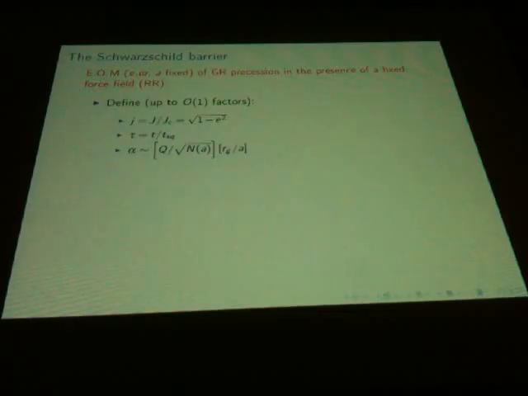So, since the semi-major axis is not changing, neither the GR precession nor the resonant relaxation torques affect the energy of the orbit. The semi-major axis is fixed, and the two variables in the plane are the eccentricity of the orbit and the angle of periapse. And you write down the equations of motion. An elegant way of doing it is to define everything in dimensionless quantities.